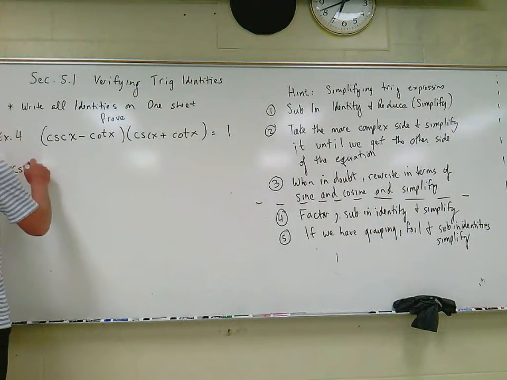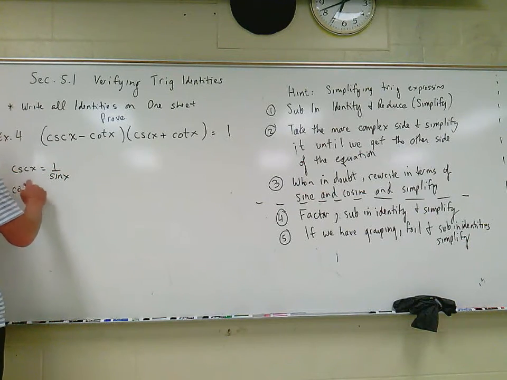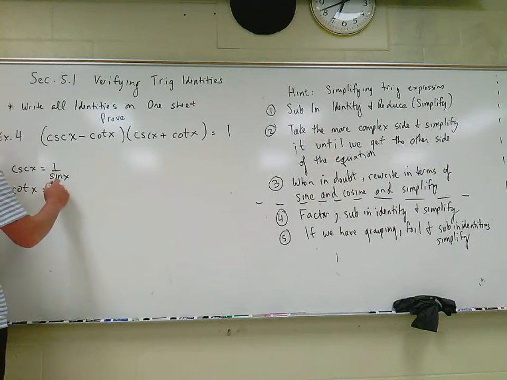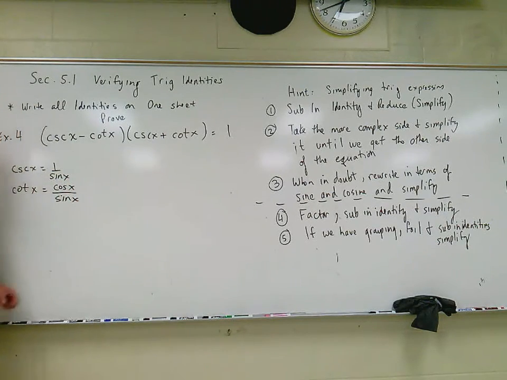If I change cosecant to 1 over sine, and what does cotangent equal? Cosine over sine. Okay? I'm introducing fractions into the problem, and now that becomes an issue. So sometimes it's not the best route. On this one, I would not do hint 3 when in doubt, because I'm not in doubt.